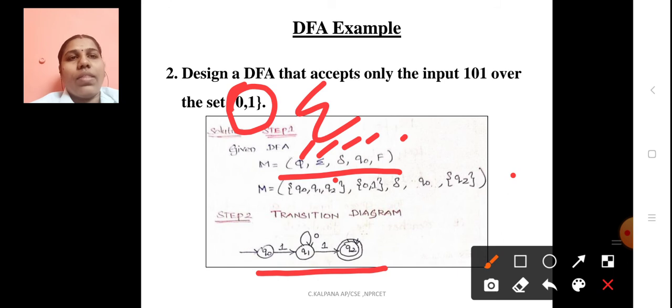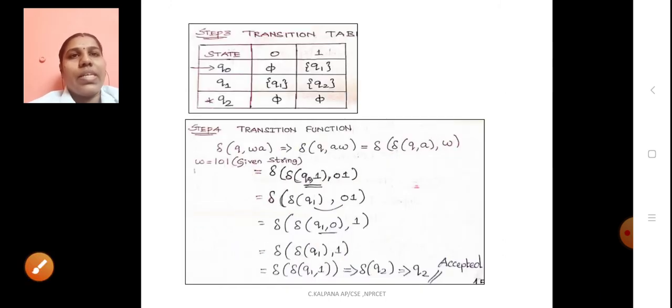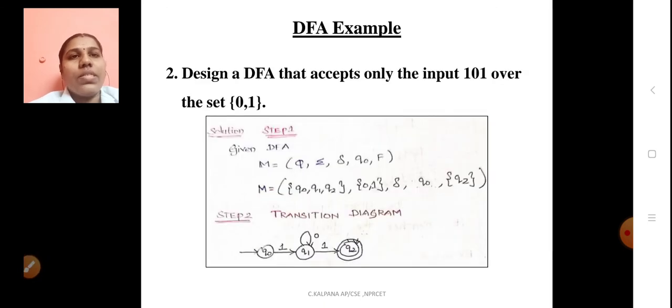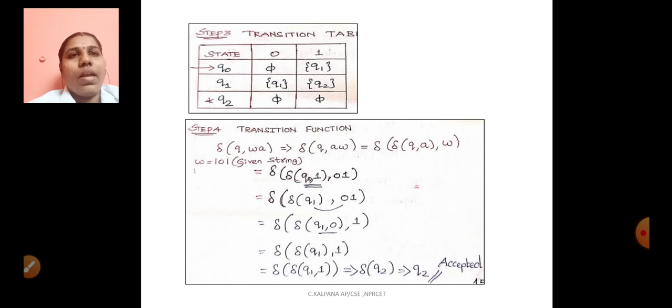Here I take only 3 states, q0, q1, q2. Input is 101, so 1, 0 and 1. And the next step is the transition diagram. For this transition diagram we have to draw the transition table. And the third one is the transition table, and the fourth one is step 4, the transition function.